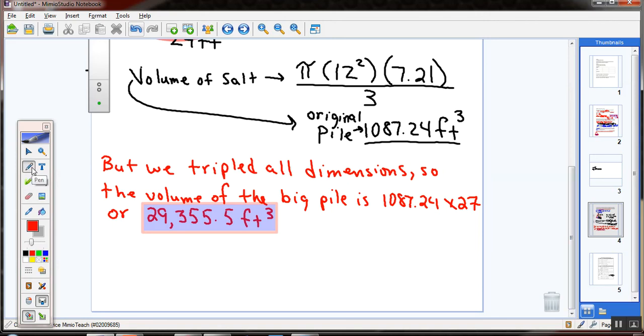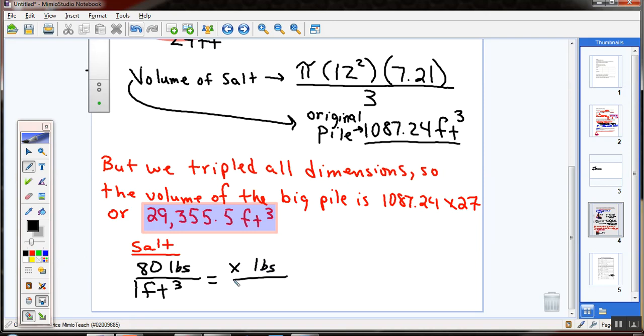So here's the deal. If the density of the salt is 80 pounds per cubic foot, we've got to figure out how many pounds we have.